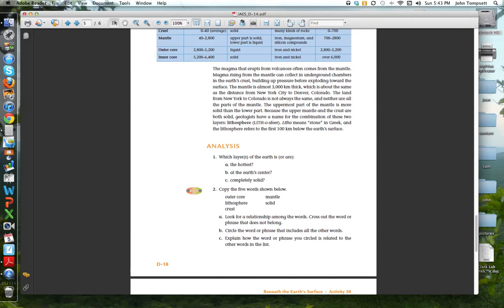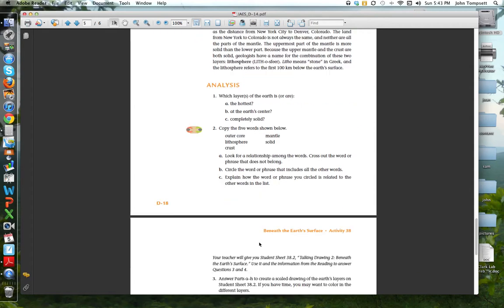A asks you to look for a relationship among those words. Cross out the word or phrase that does not belong with the other 5. Circle the word or phrase that includes all the other words. Then C, and this is the part that you like to forget, explain how the word or phrase you circled is related to the other words in the list.